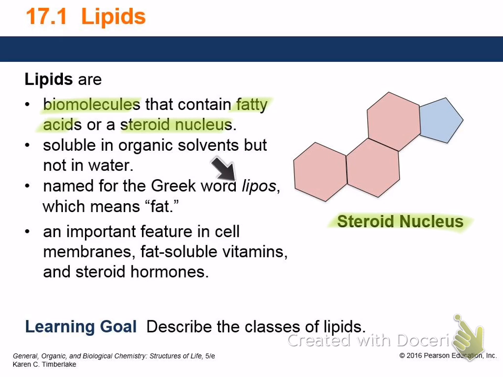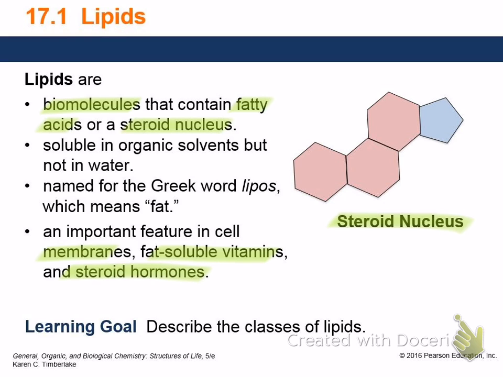The Greek word lipos means fat. So fat is lipos. You find these in cell membranes, they're molecules in intracellular and extracellular fluids, and they're also hormones.